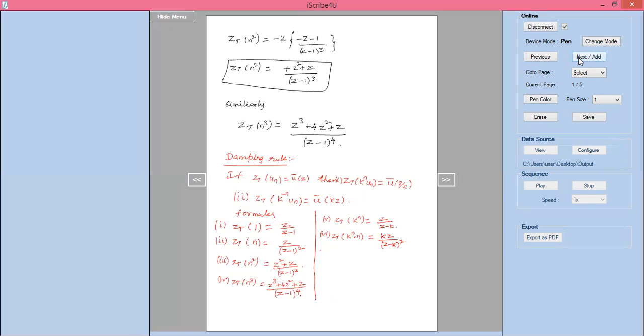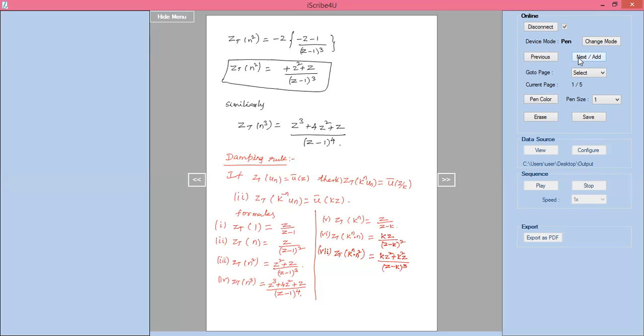Next, the Z transform of k power n into n square. We know the n square formula, so using that I'll write kZ square plus k square Z divided by Z minus k whole cube.